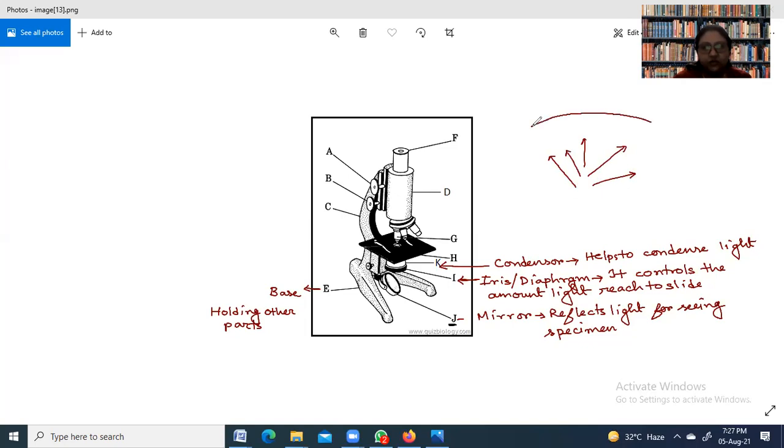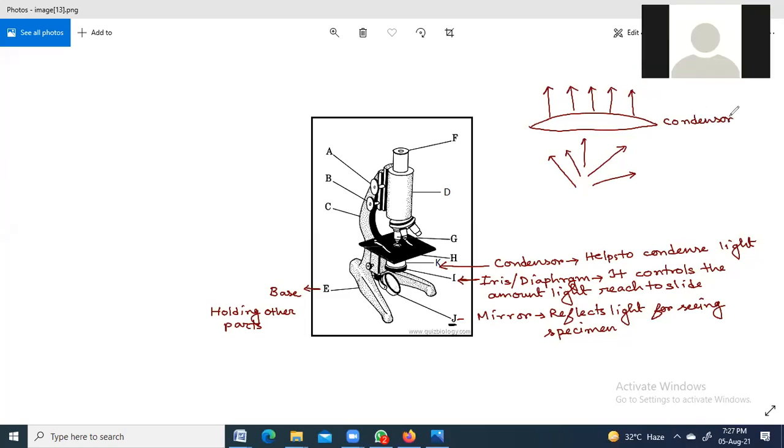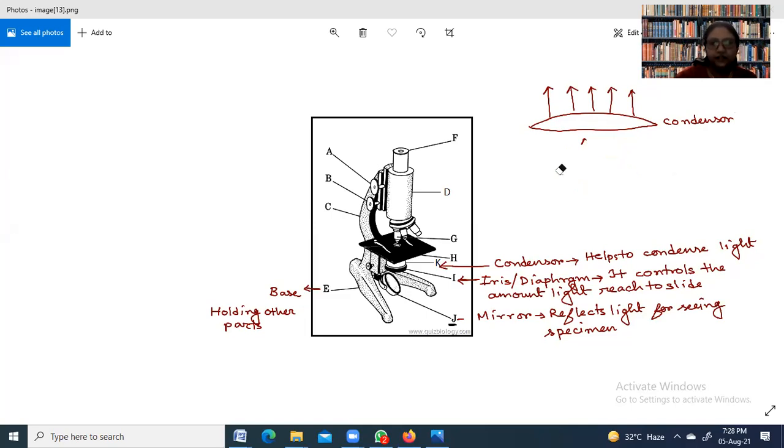When they pass through the condenser lens, it will modify them into a beam of light. Is this part clear to everyone, beta? Yes, ma'am. This is the role of the condenser lens. They condense it. The scattered light is focused to form a beam of light.